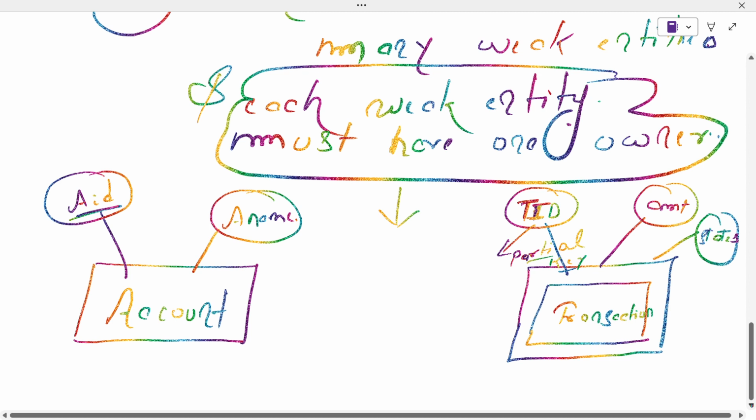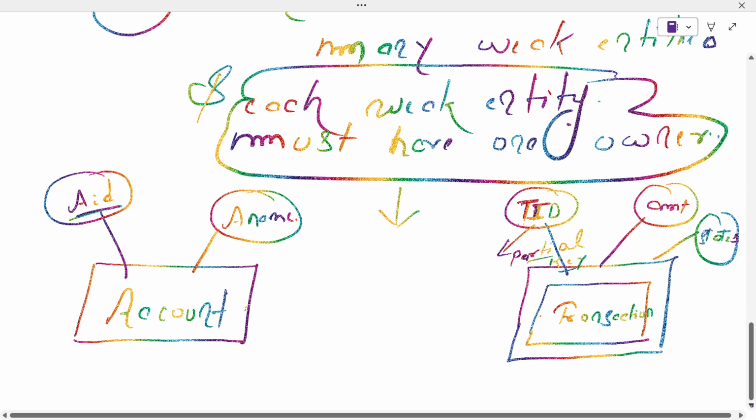Now this weak entity set has to be dependent upon the account entity set, so that this transaction ID could be related to a particular account ID, and that way it can distinguish among the entities.